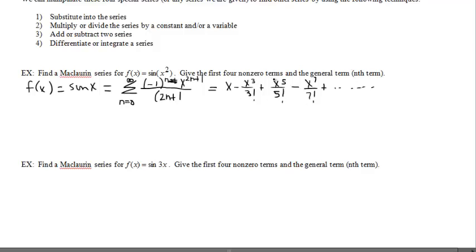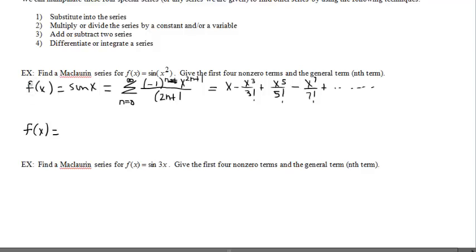So in sine, which I'm going to be using to create this new series, I've got the first 4 terms, and then I have a representation of it here. Now I'm going to come down here and say, okay, f of x, you could have called this something else.